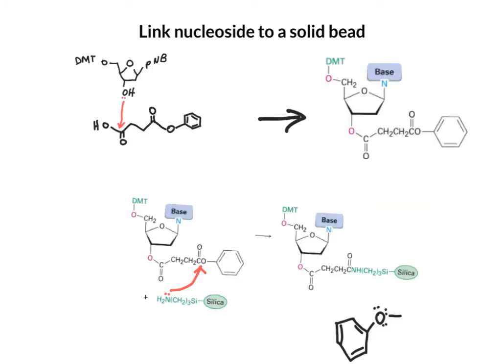The protected nucleoside is reacted with phenylsuccinate, producing an ester on the 3' of the nucleoside. This succinate of the nucleoside now can react with the amino group of the silica gel, producing a linker in a growing chain.